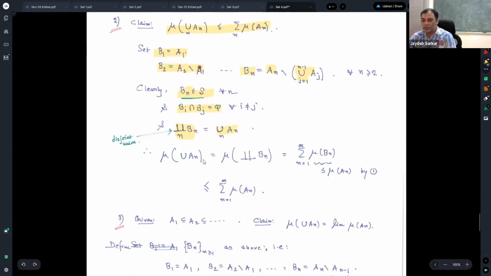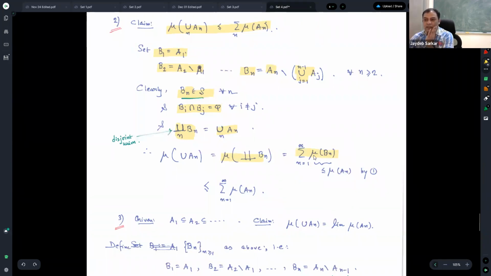Once you are in this situation, you can invoke the definition, the property of mu, and that tells you the measure of the union of An is, of course, this comes from this equality, equal to the sum of the measures of Bn, which comes from the definition of measure, right?